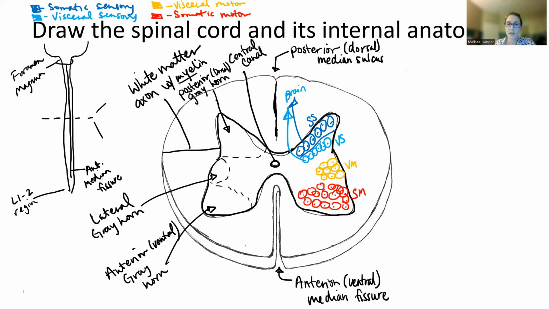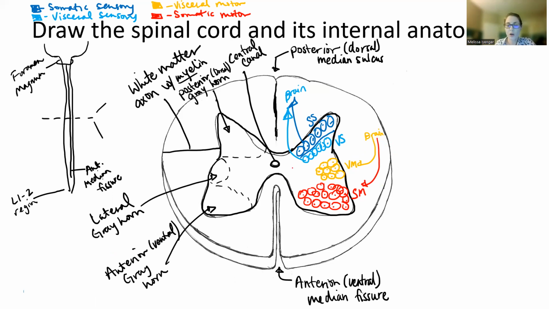And then what we're going to see is that coming from the brain, we're going to have motor information, and those axons that are part of the white matter are going to be laterally situated and anteriorly situated. So this information is going to come from the brain in that direction towards our cell body, and also in this direction towards our cell body, right?